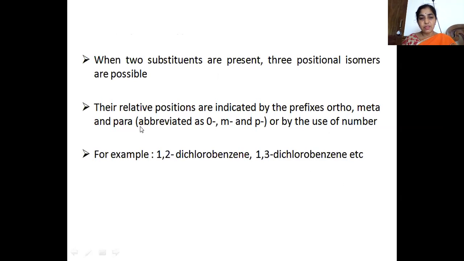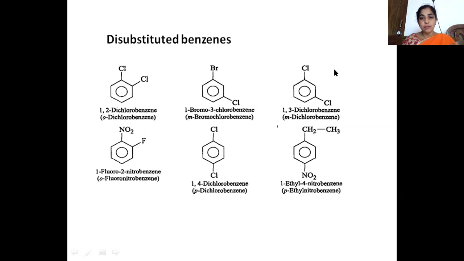So, for example, we studied 1,2-dichlorobenzene and 1,3-dichlorobenzene here. Similarly, this is another example here: 1-fluoro-2-nitrobenzene. Or you can call it, since the fluoro group is at the ortho position, orthofluoronitrobenzene. And you may ask the question, why does the numbering start from here?